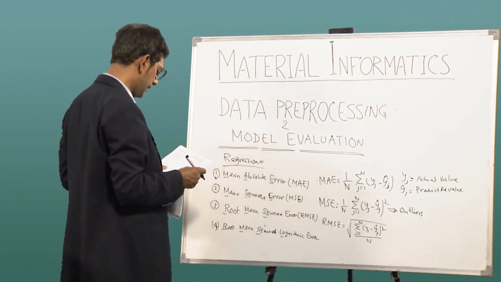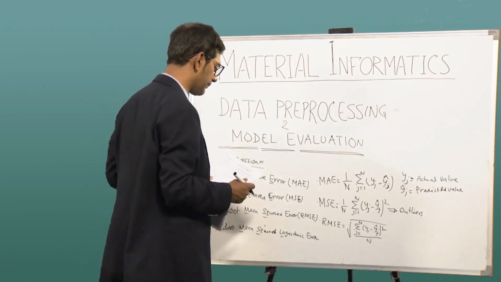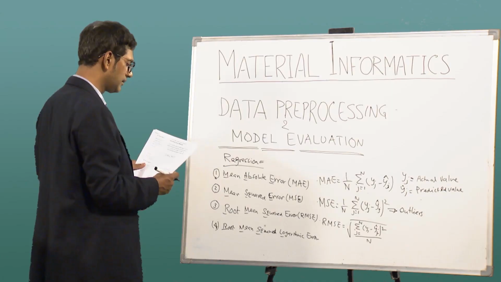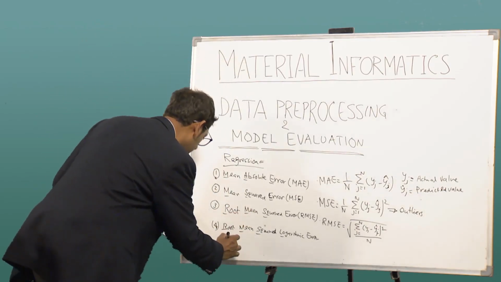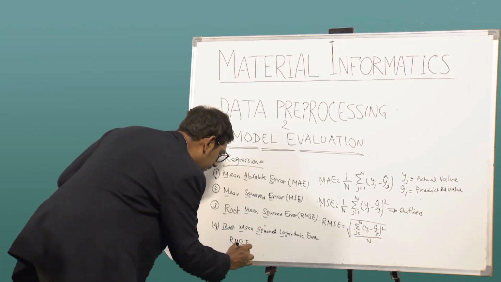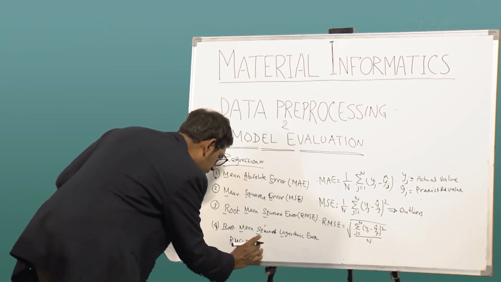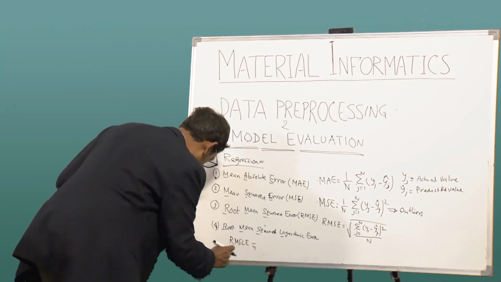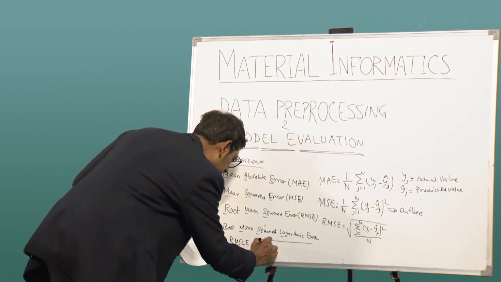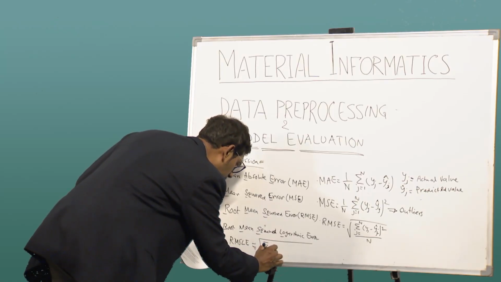So, instead of doing that, you can take the error. Let me write that down. That is called RMSLE, equal to the summation over j from 1 to n.